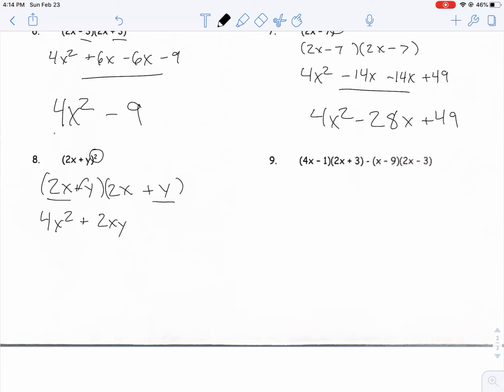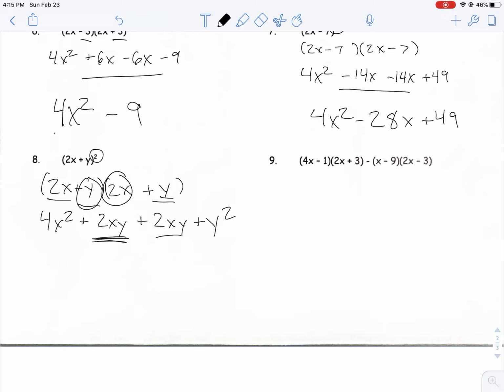And then my inside terms here are y and 2x, so it's going to be a 2, an x, and a y again. And that's kind of tricky. You could write it y2x, but that's really not how you should write it. You should write it 2xy. Make sure everything's in alphabetical order. That way we can tell that these are the same thing. We have a 2, an x, and a y being multiplied there. And then the last one here is just our last terms, y times y, which is y squared.